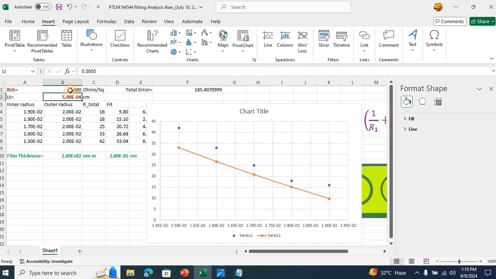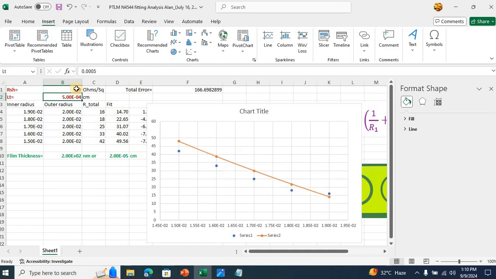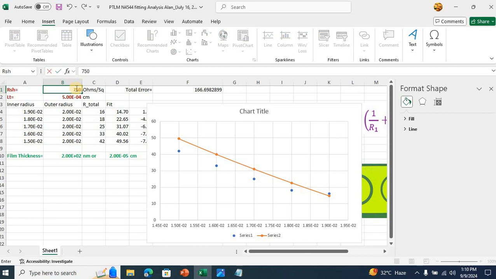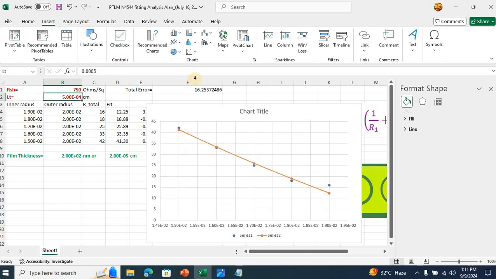No, still not a good fit. 700, not a great fit. 900, now it goes above the points. So a value of approximately 750 gives me a good result. You can slightly vary it to like 760, right? So you can say this gives me a good value.